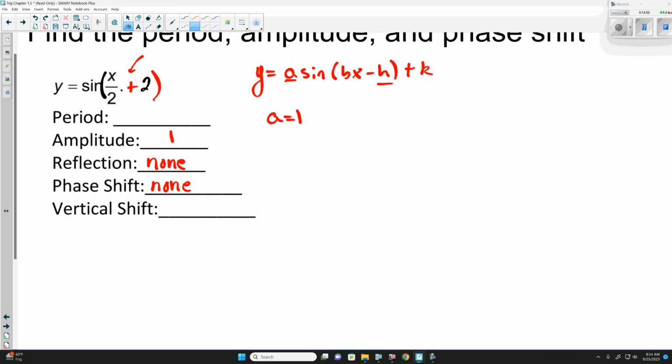It's not this here. It's actually this here if we wrote the parentheses in. I will avoid doing that. I will actually put the parentheses around it even if they're not necessarily needed, so we know for sure. That also tells us that the vertical shift for this is none. There is no reflection, no phase shift, no vertical shift.